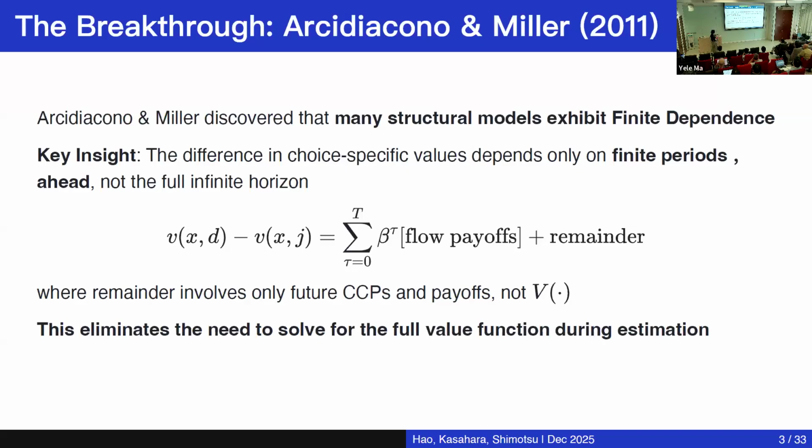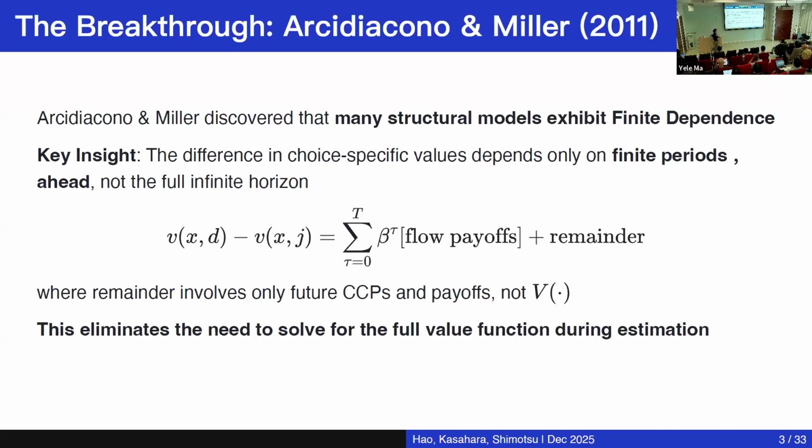And the key insight of finite dependence is that if you can have this choice-specific value function written as a finite-period sum of payoffs plus some remainder, usually this remainder contains the value function, but if you plug in the value function using Bob's characterization, there's a hope that you can get rid of the value function after a finite number of periods.